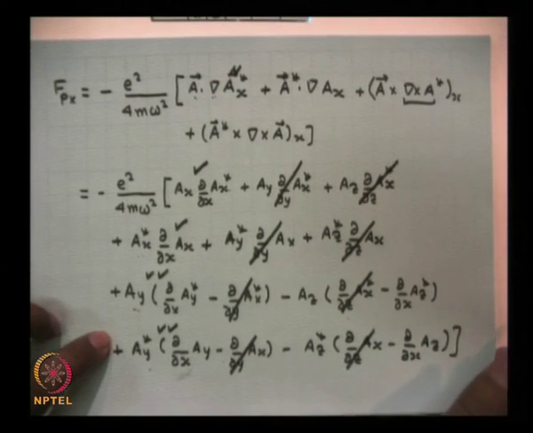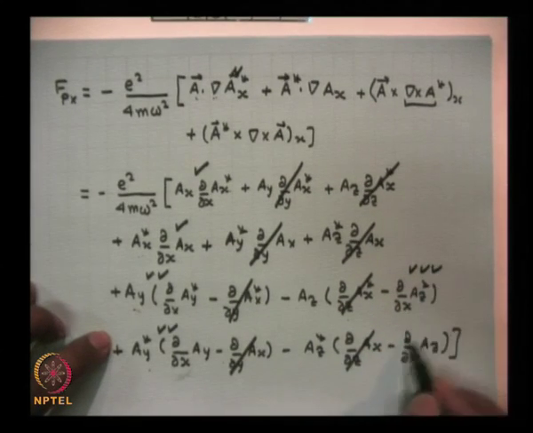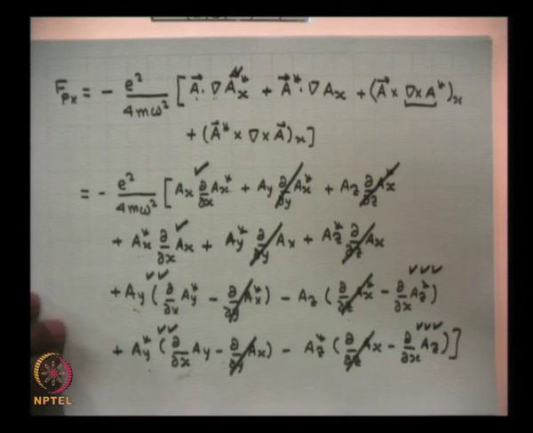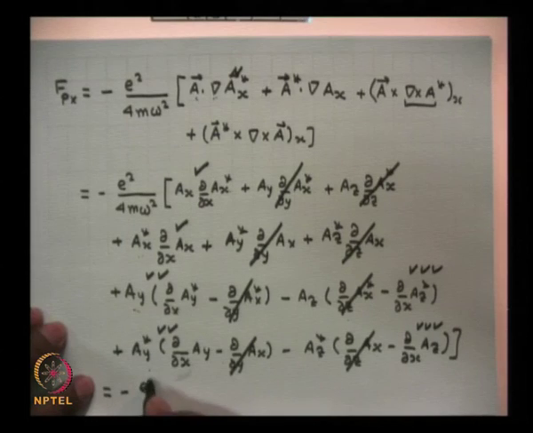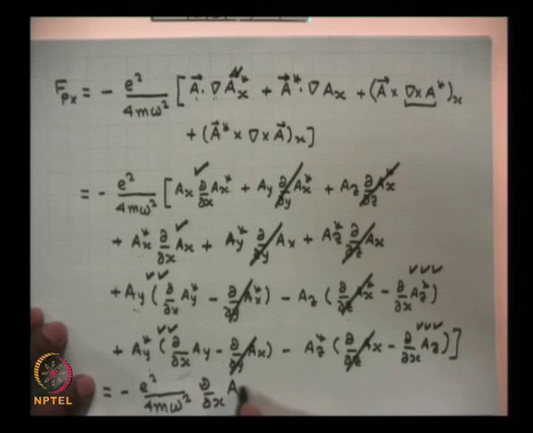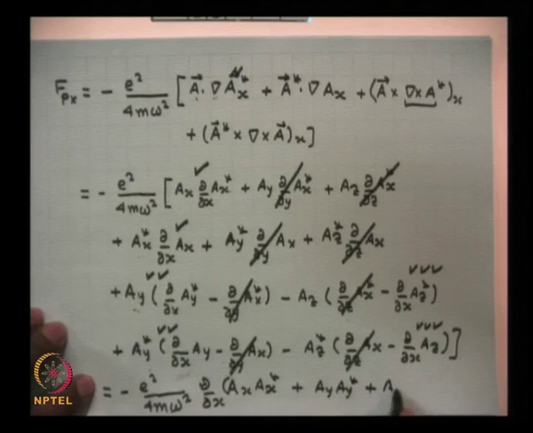They are of the same sign. When you combine them, you get a simple expression: minus e square by 4 m omega square ∂/∂x of (Ax*Ax plus Ay*Ay plus Az*Az).